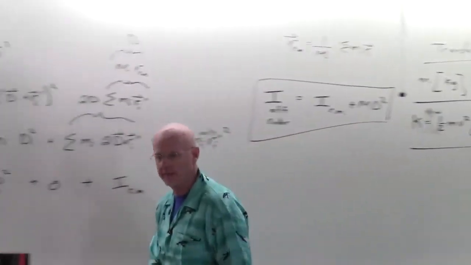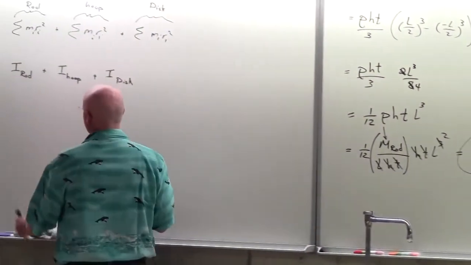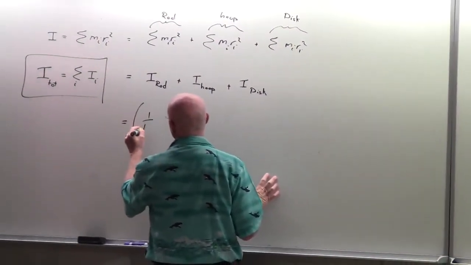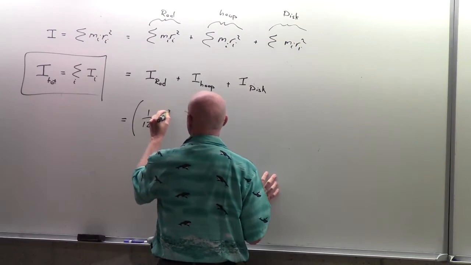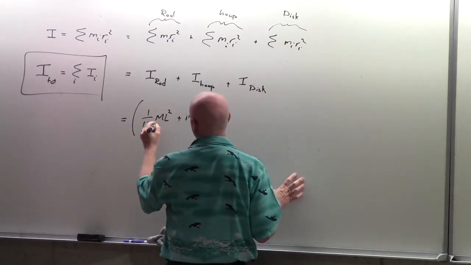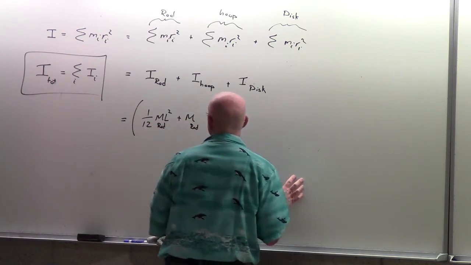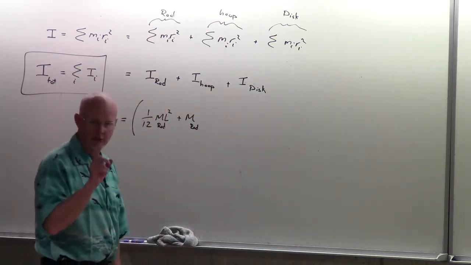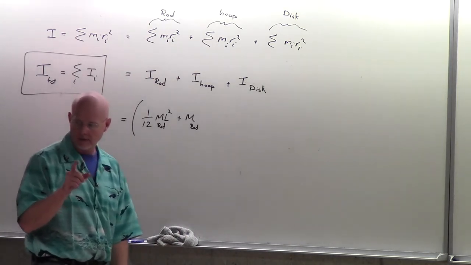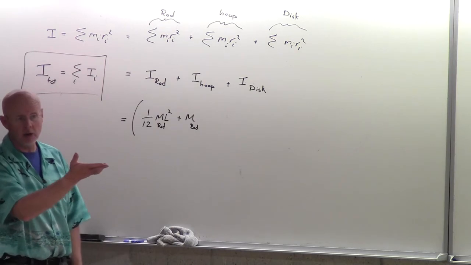Parallel axis theorem. So for me to find the rod, I would do this. I would say it is 1/12 ML squared plus M, and let me put rod. And how far am I moving off center? Okay, D. What would D be in this case, though?